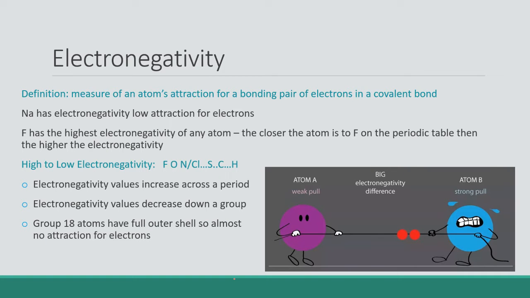So first of all, we have to learn what electronegativity is. Electronegativity is a measure of an atom's attraction for a bonding pair of electrons in a covalent bond. This cartoon kind of shows it.